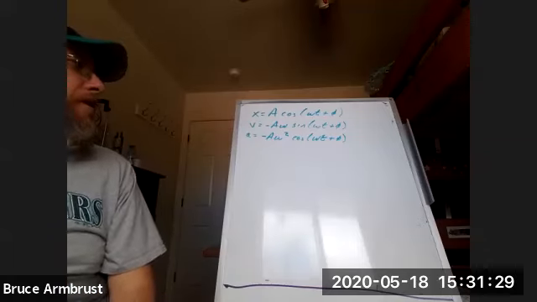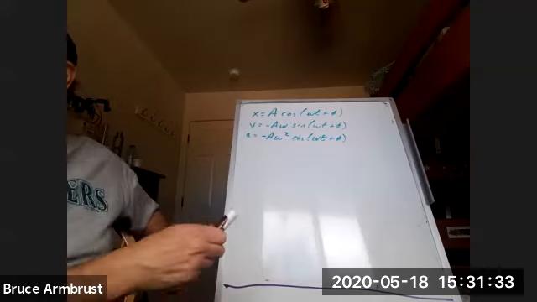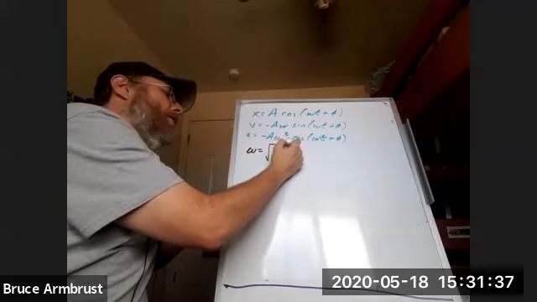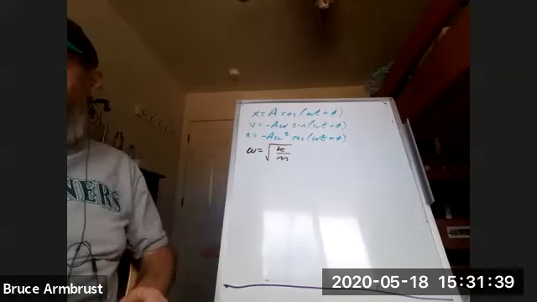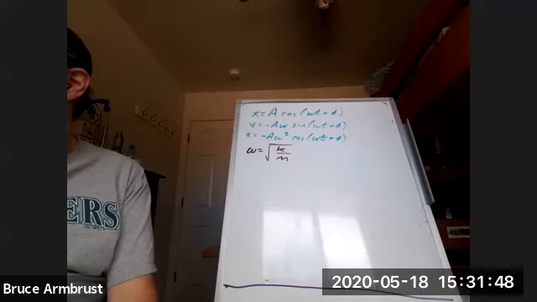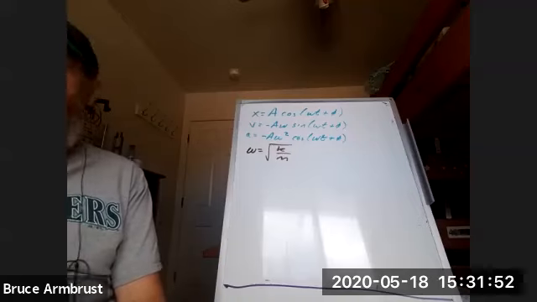All right, so some things we know when we're talking about the spring system. We know that omega is equal to the square root of k over m. So if we know k and m, we can get omega. Do you remember how we find A?